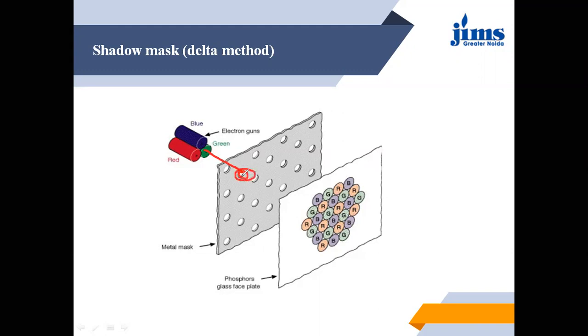Wherever it strikes, the image is produced. The metal mask decides at which place the electron beam has to strike to draw the image.